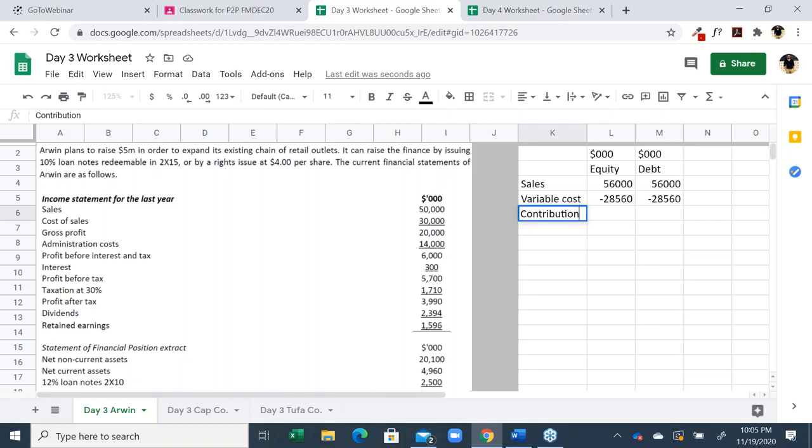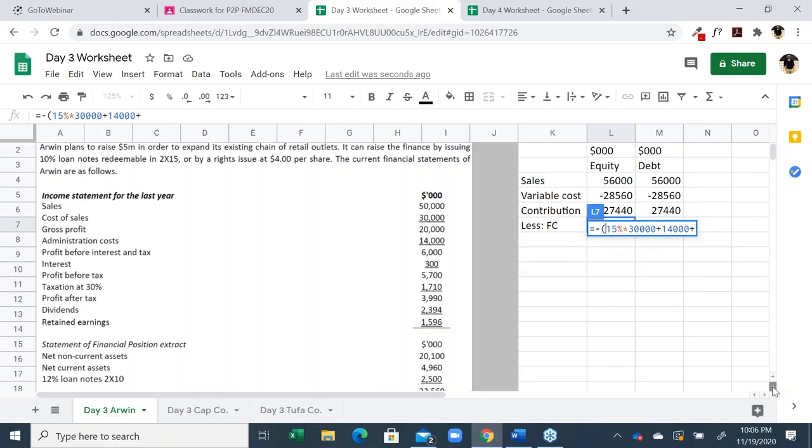Let's calculate contribution. Then let's subtract fixed cost, and I'll be taking both fixed costs together, the administration cost and the fixed cost related to cost of sales. So the fixed cost related to the cost of sale will be 15% of 30,000, plus the administration cost, which is currently given, which is 14,000.